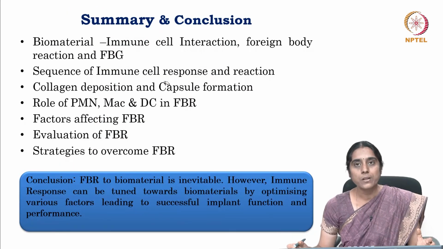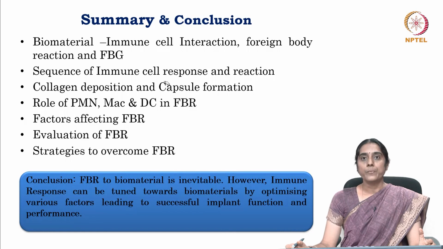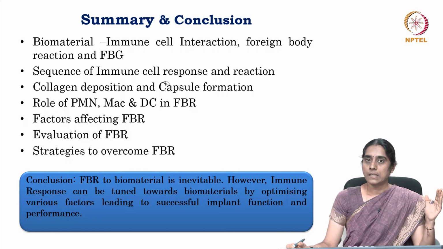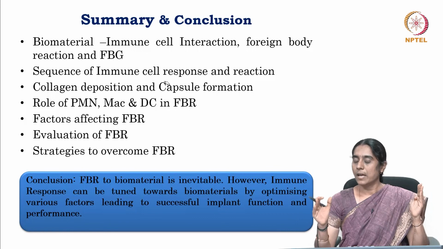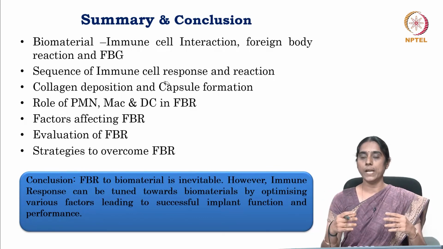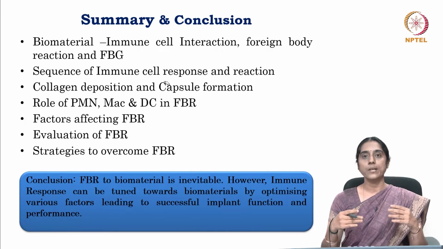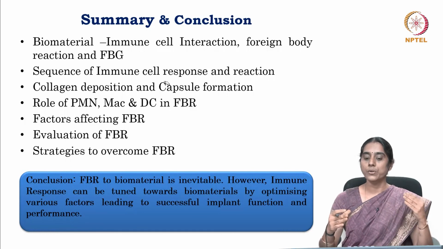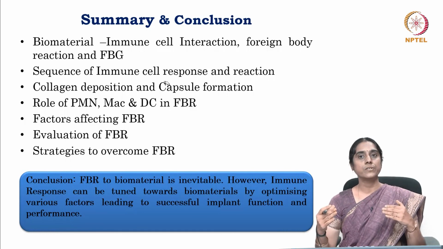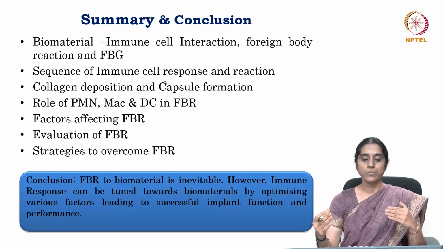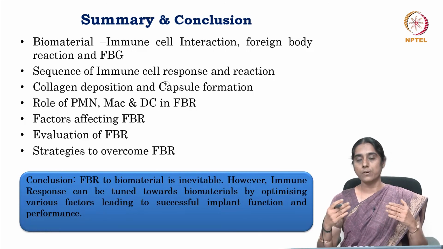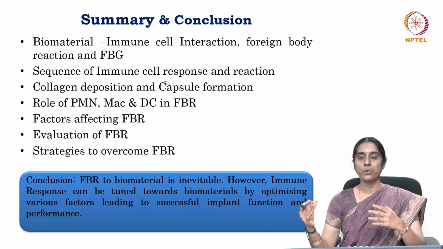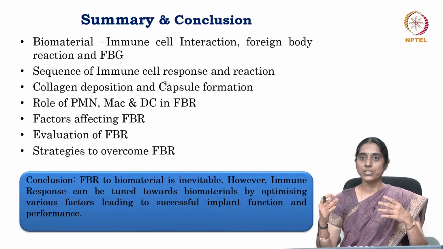Okay. So, we saw until now that the biomaterial and immune system are of course going to interact. This interaction leads to foreign body reactions, and we saw the major players of this interaction, mainly the neutrophils, macrophages and dendritic cells. So, this is what we saw, how they are playing different roles, either the reaction and the response of all these cells.